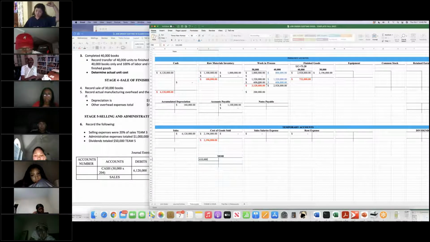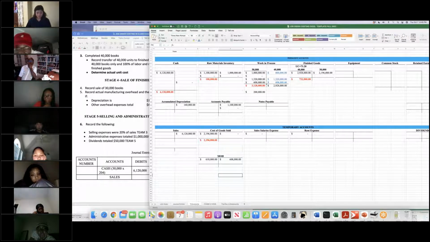See this entry here? So this is kind of a holding account where we estimate the overhead, 608. It was actually 610. So we underestimated or underapplied the overhead.